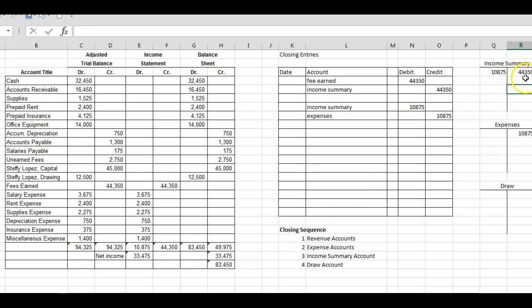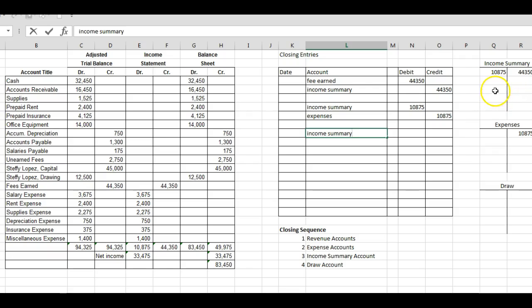Now the next thing I have to do is empty out the income summary. Obviously, I could do a debit and a credit into owner's equity for each of those, and I would come out with the same thing. You are going to debit income summary because it has a credit balance down here.